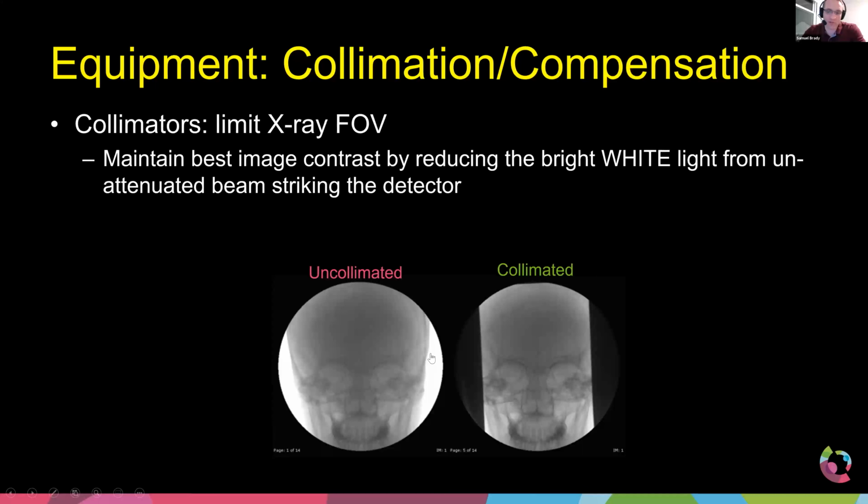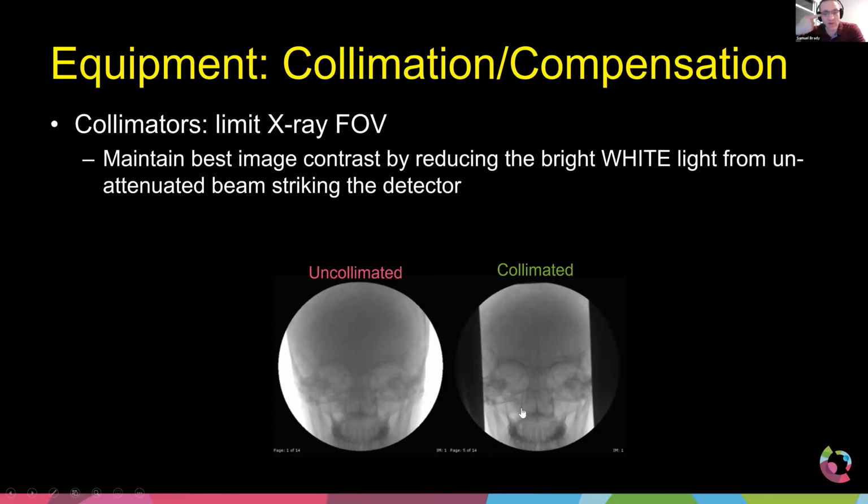Now you might think, oh, well, it's not that big a deal. But if you look at the overall contrast of this image compared to the contrast of this image, there is no difference. The kVs are the same, mAs are the same. The only difference is we put the collimator blades in. And with those collimator blades in, you can actually visualize a little bit more contrast.